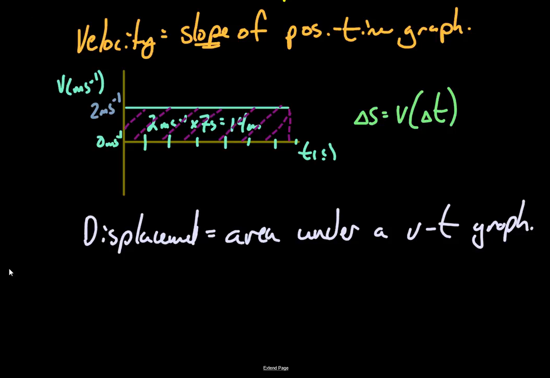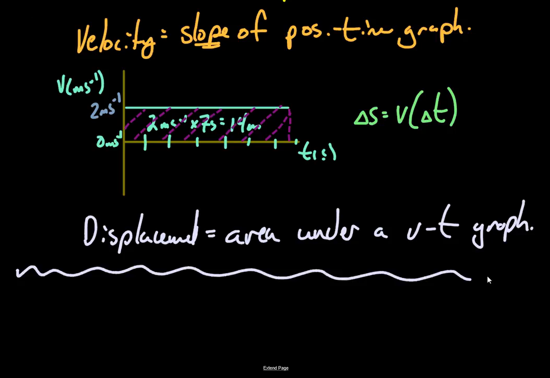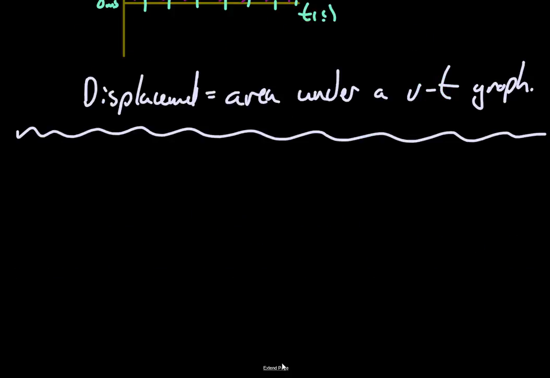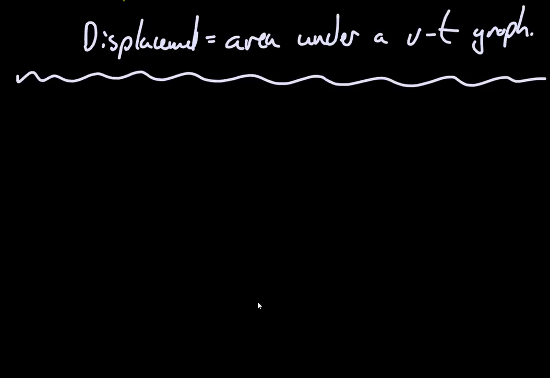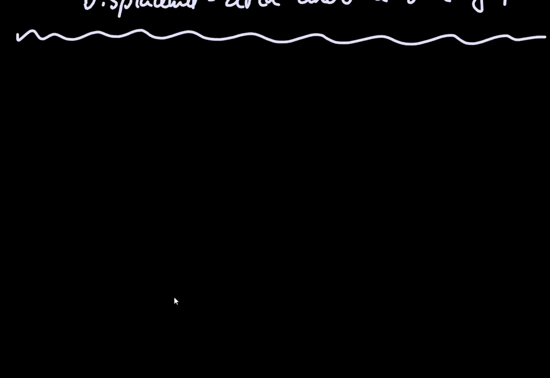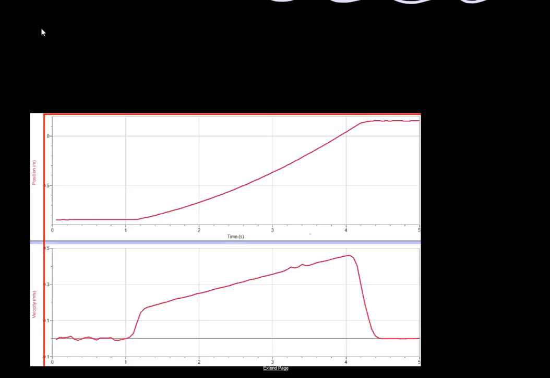Now let's talk about accelerated motion. This is a little bit more interesting. So we're going to make a new graph and a new scenario. And we're going to imagine now that something is speeding up. So we did a little experiment here off camera where essentially we took a ramp, at some slope, and put a little motion detector on the ramp.